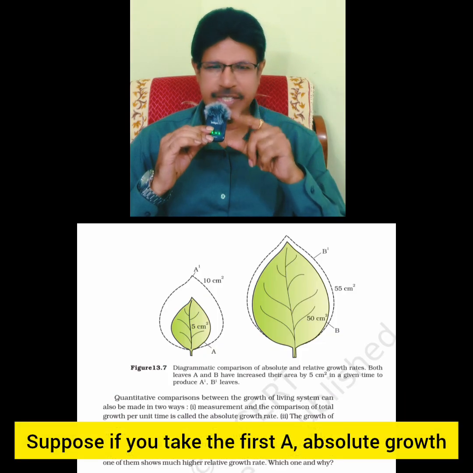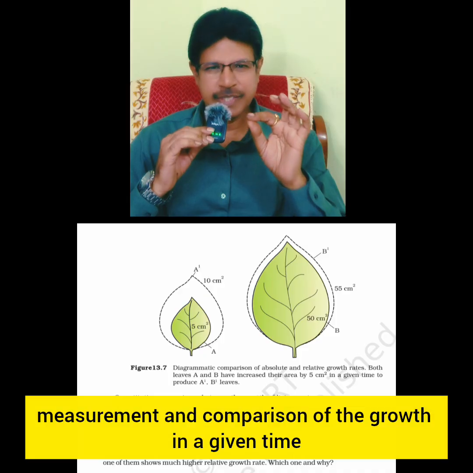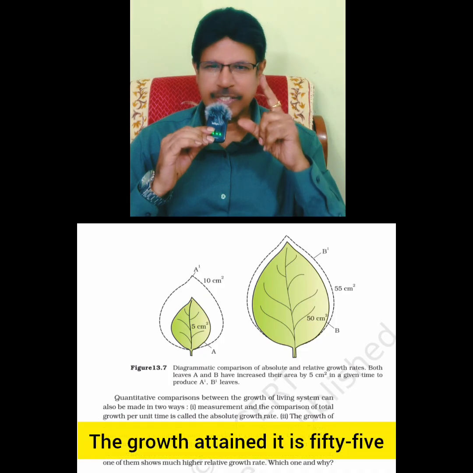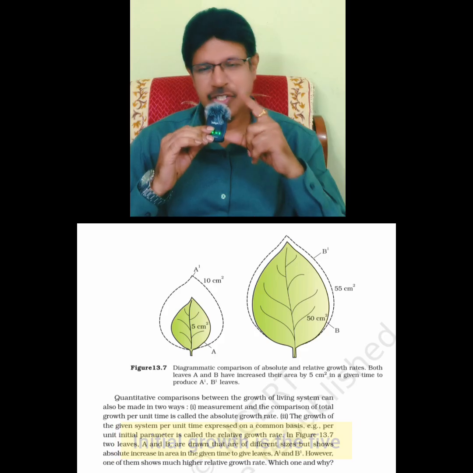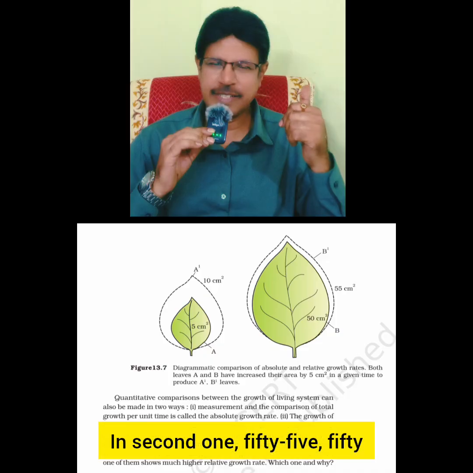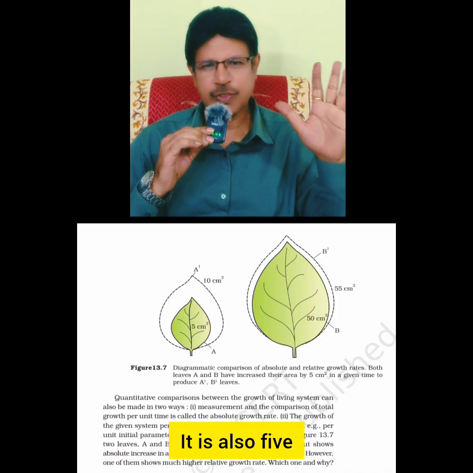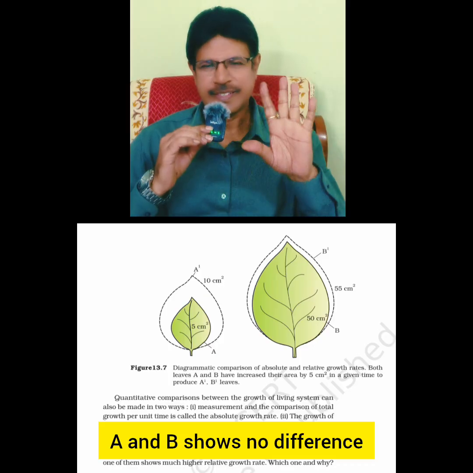Suppose we take the first, A, absolute growth, measurement and comparison of the growth in a given time. The growth attained is 10, initial growth is 5, difference is 5. In the second one, 55 minus 50 is also 5. So in absolute growth rate, A and B show no difference.